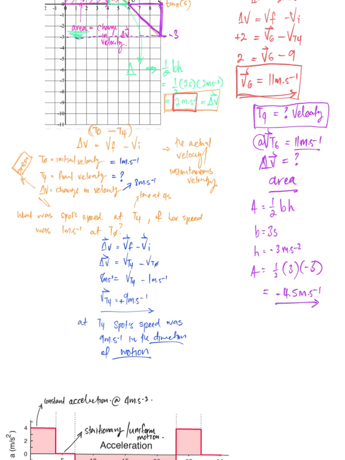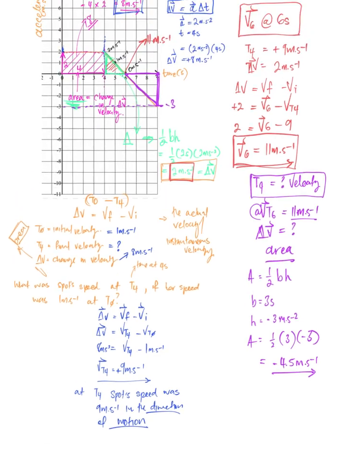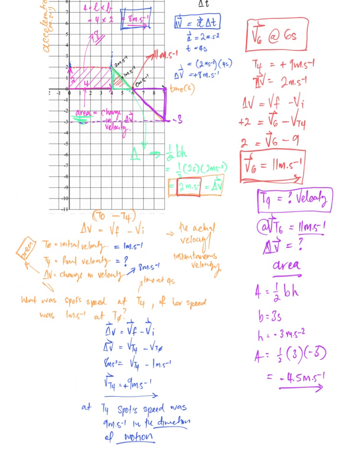And your answer has to be negative, because if I look at this graph, it has a deceleration. A deceleration means two things. Number one, Spot is slowing down. And it's going in the opposite direction. And if something goes in the opposite direction, it must have a negative value. So if you don't get a negative value, that means you've done something incorrect.